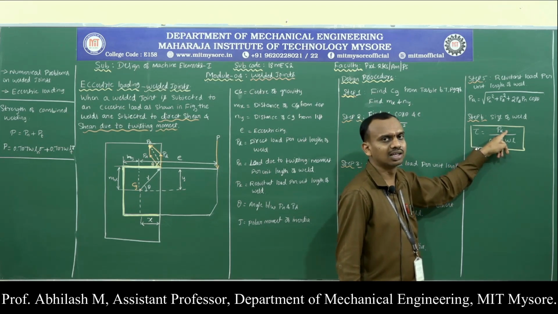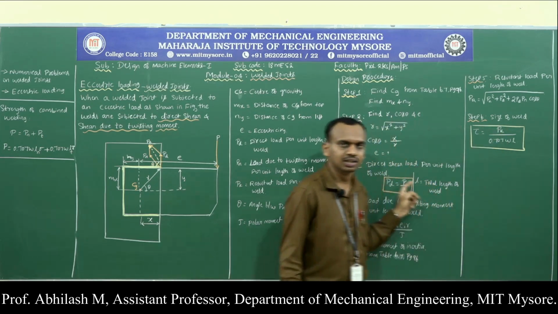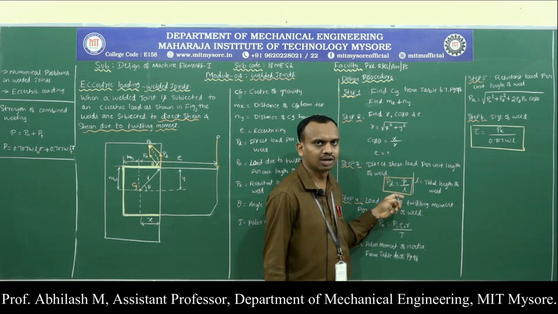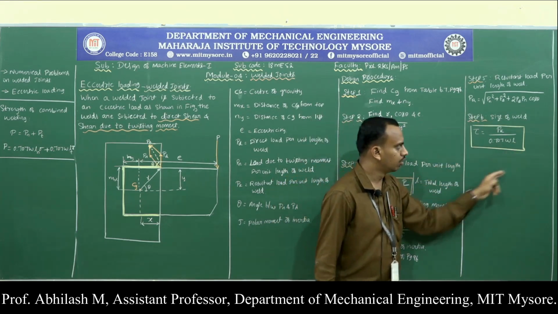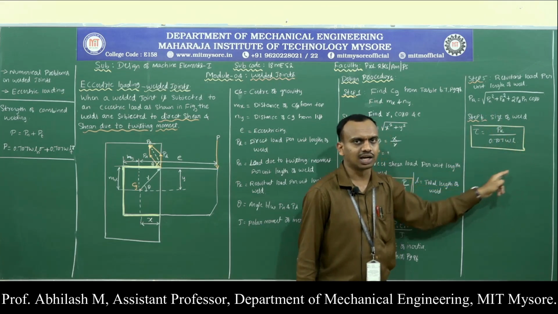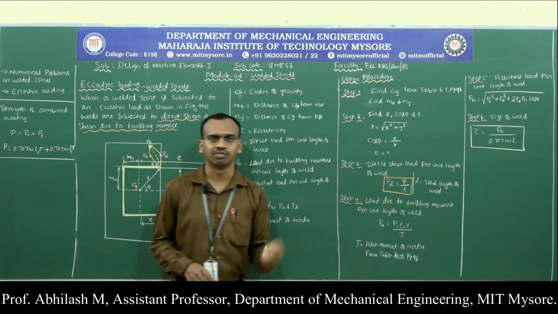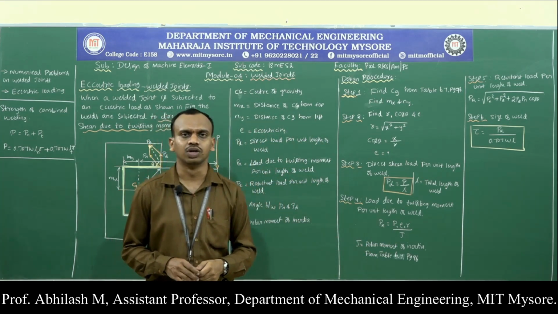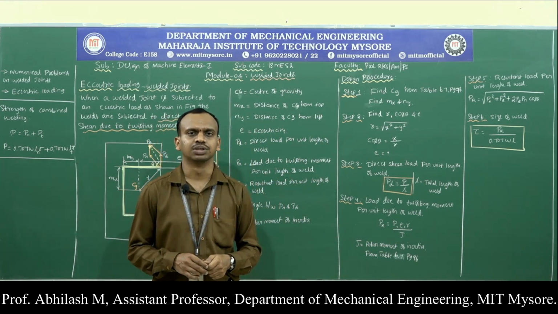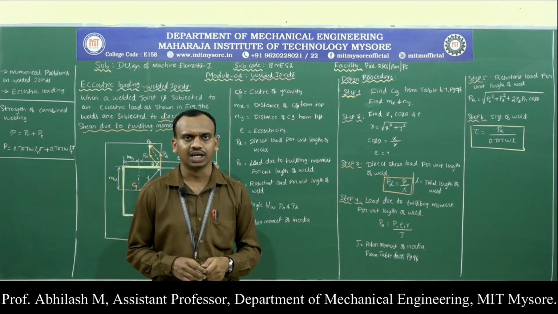In order to calculate that resultant load, we are supposed to do the steps one by one. So after this, based on the parameter they asked us to calculate in the problem, we can conclude. So this is the 6-step procedure that we are supposed to adopt in order to design a welded joint that is subjected to eccentric loading conditions.